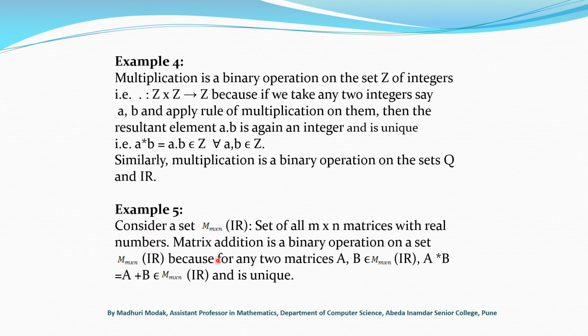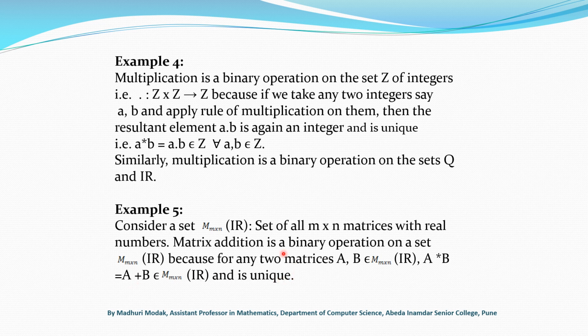Now, matrix addition is a binary operation on this set, because if we consider any two members of M by N R, meaning any two matrices, say A and B, in that set, both are M by N matrices with real entries. Then star means matrix addition, A plus B. The addition of two M by N matrices is again an M by N matrix, so the order of the resultant matrix is M by N. And as we are adding real numbers with real numbers, the result is again a real number.